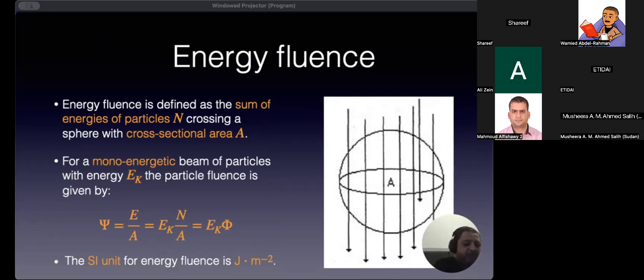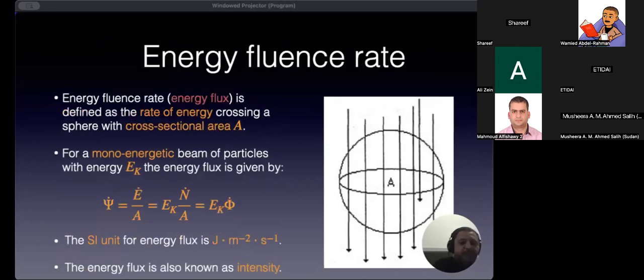Now, the SI unit for the energy fluence is therefore going to be joules, that's the energy, divided by the cross-sectional area, which is in meters squared. The energy fluence rate, for a monoenergetic beam, is going to be the energy rate crossing this cross-sectional area.